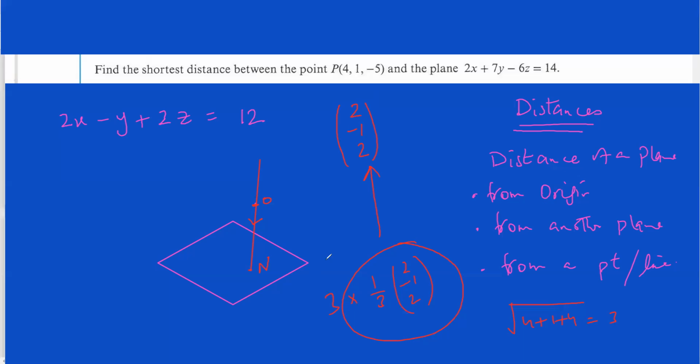To determine the distance of a plane from the origin, normally the equation is r dot n equal to, let's say, a number k. If you make this n a unit vector, then you can replace k with d. This d means the distance of the plane from the origin.